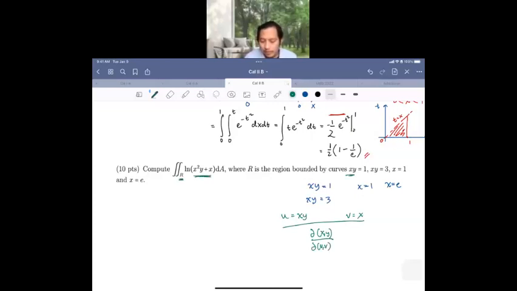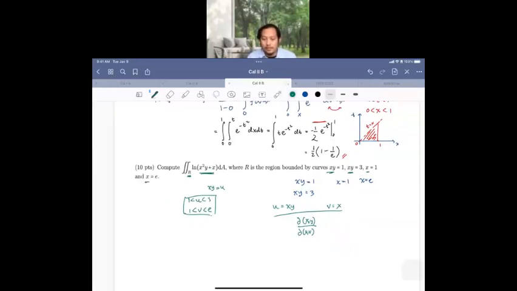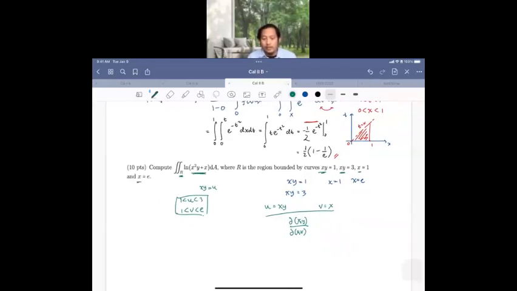What will happen when you change to uv? Because if we take xy as u, then we have u from 1 to 3, v from 1 to e, right? And then you can use this as our interval for the integrals. And I think you can start to write the answers.